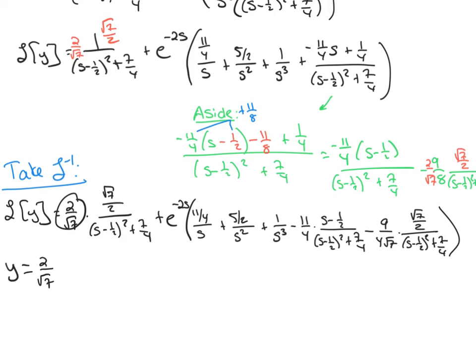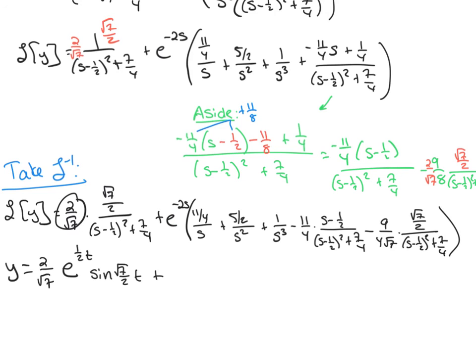So that will be multiplied by e to the 1/2 t times sine of root 7 over 2 t. Okay, so we had a first shifting theorem in there with the e to the 1/2 t, but not a second shifting theorem. That comes in the second part.